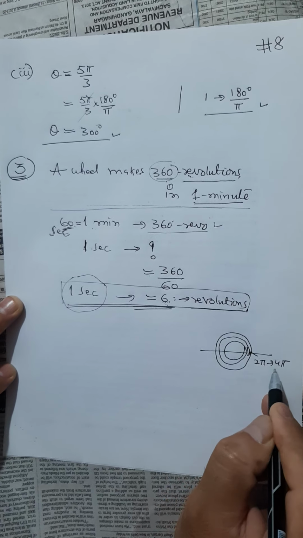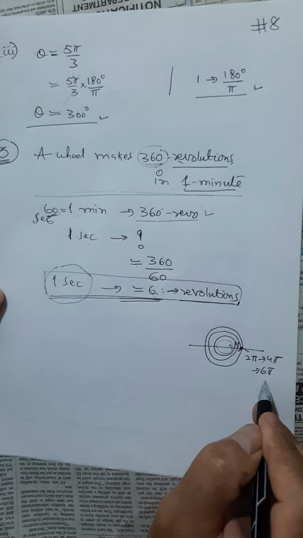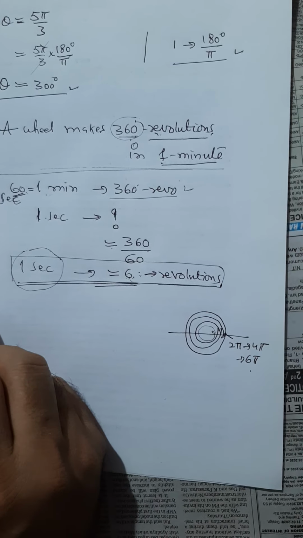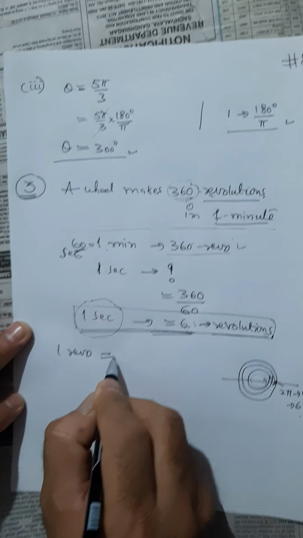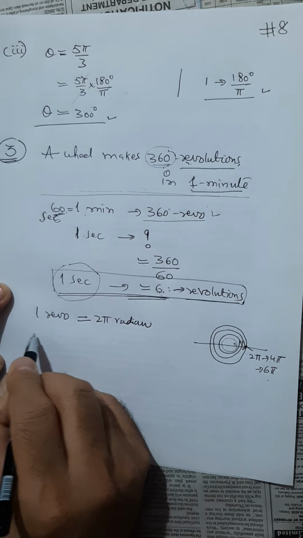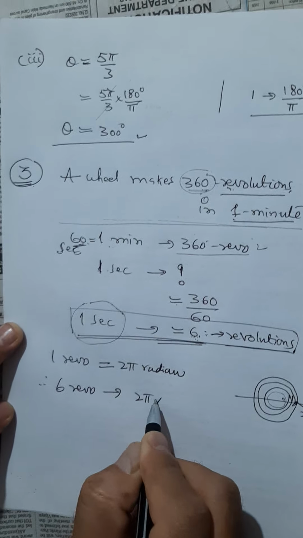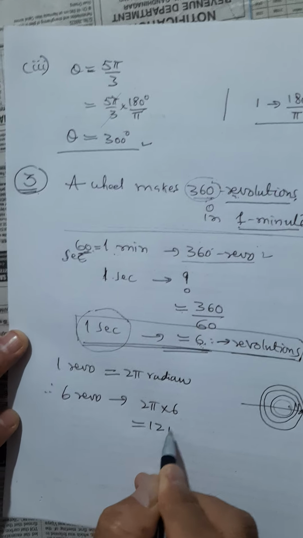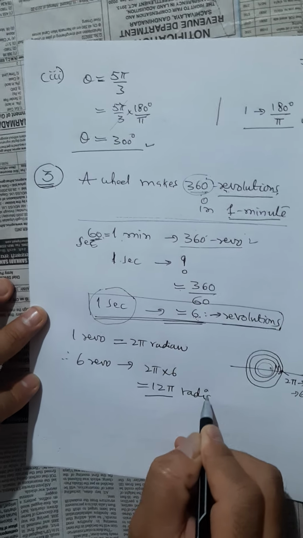Third revolution, 6 pi radian. Fourth revolution, 8 pi, and 6, 12 pi. So 1 revolution equals 2 pi radian, and therefore 6 revolutions equals 2 pi into 6 equals 12 pi radian. I hope this is clear to you.